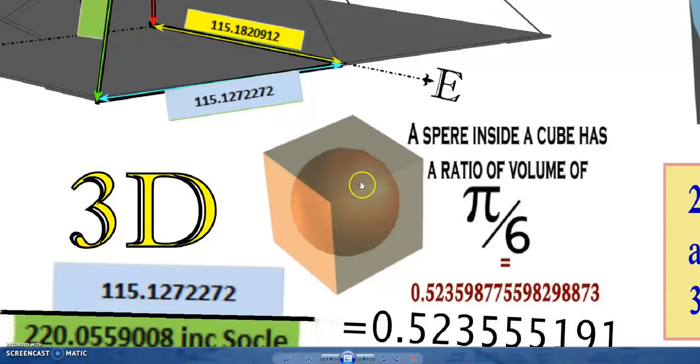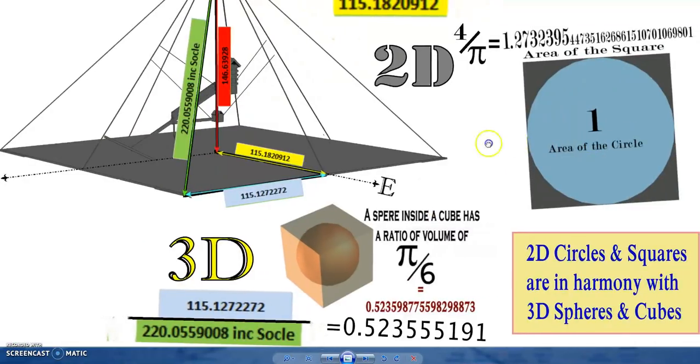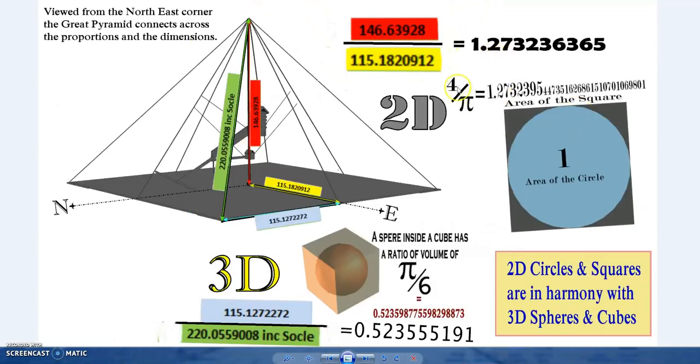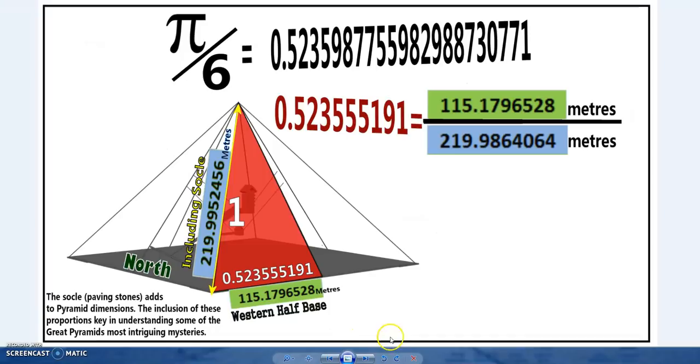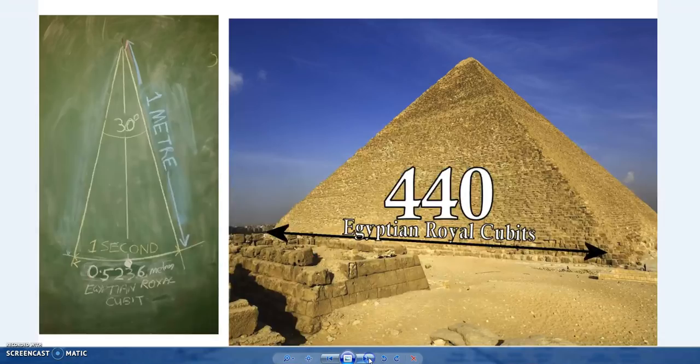Here we see the ratio of volume of a sphere in a cube. A sphere is a circle, a cube is a square, in 3 dimensions, but in 2 dimensions we also get this 4/pi, which is the ratio of area. So 2-dimensional area, circle and square, three-dimensional volume, sphere and cube, coming back to this very beautiful set of numbers.